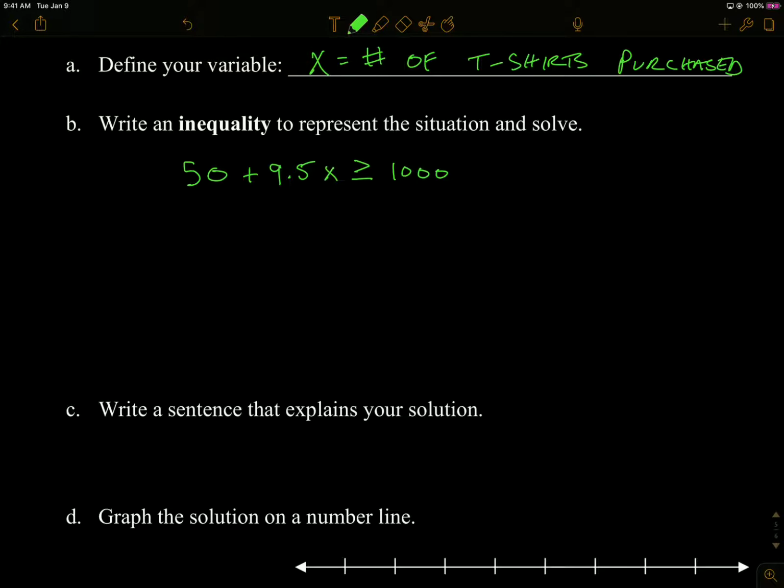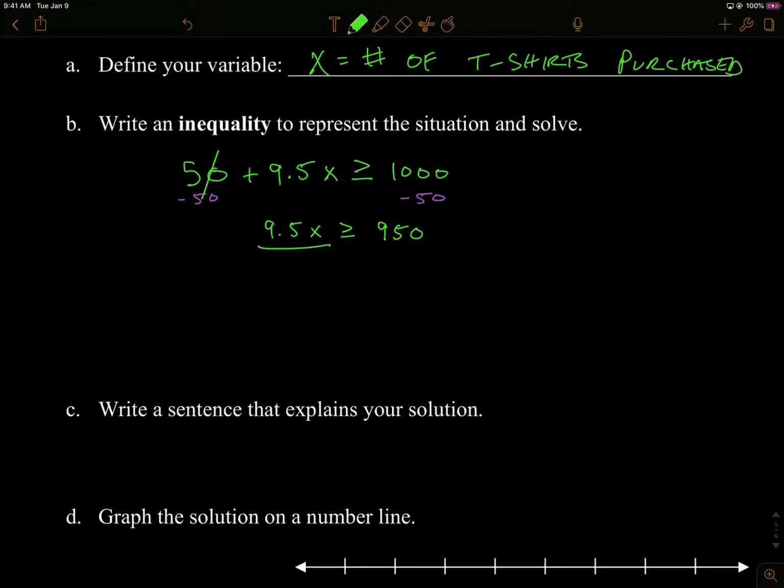Now, to solve the inequality, we're going to start by subtracting 50 off both sides. So over here I get 0, so I get 9.50x has to be bigger than or equal to, let's subtract 50, so 950.